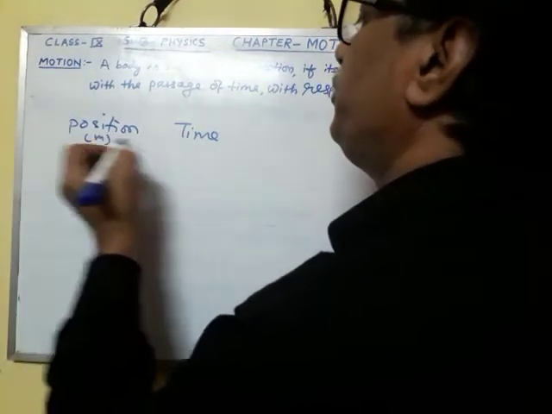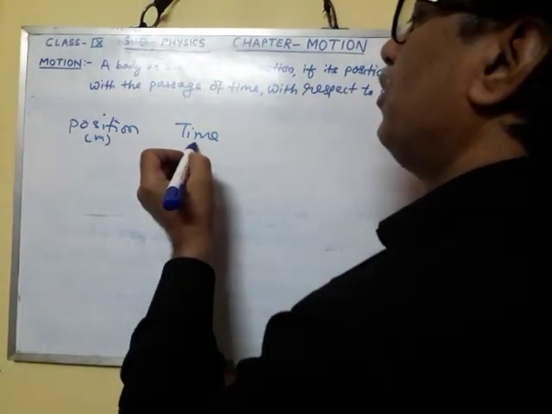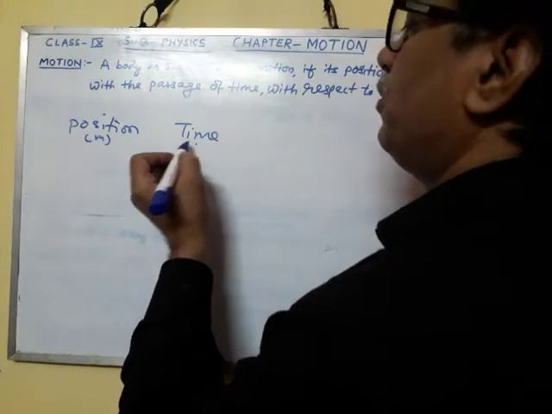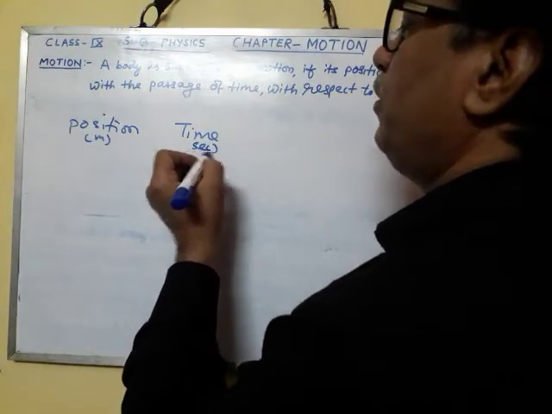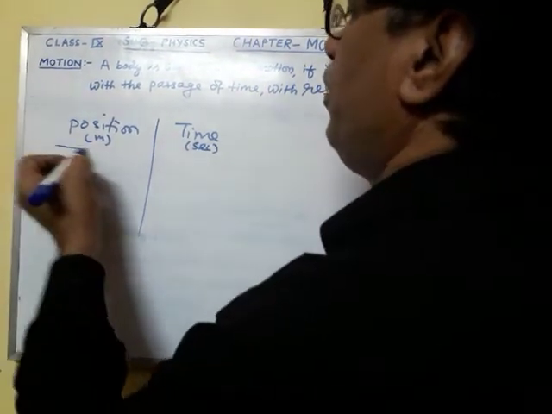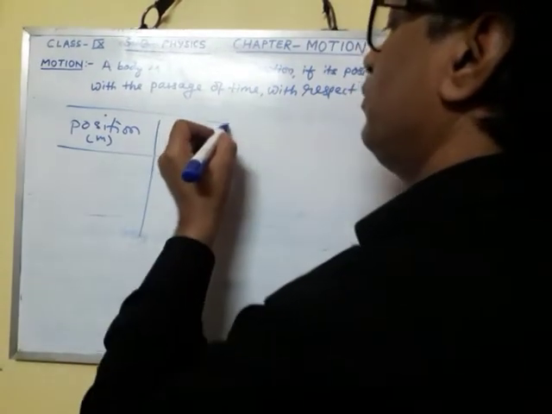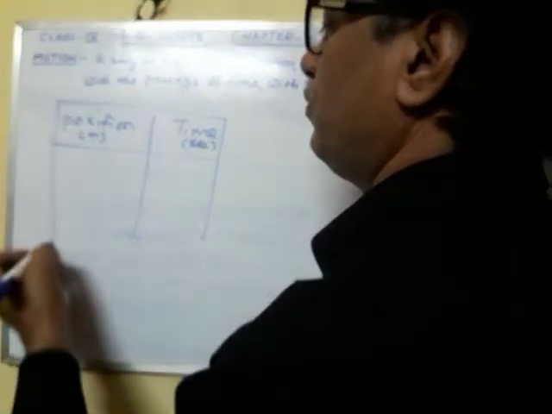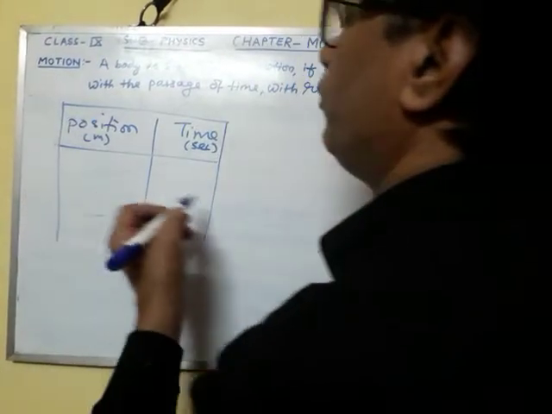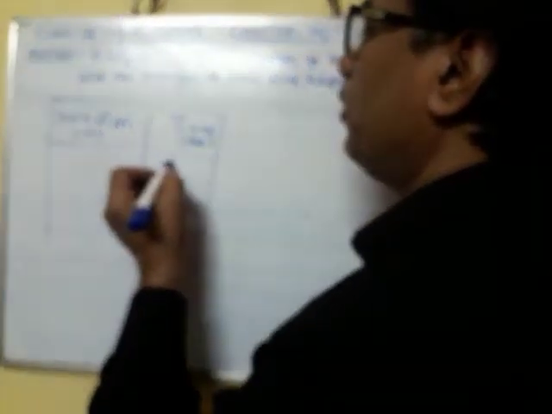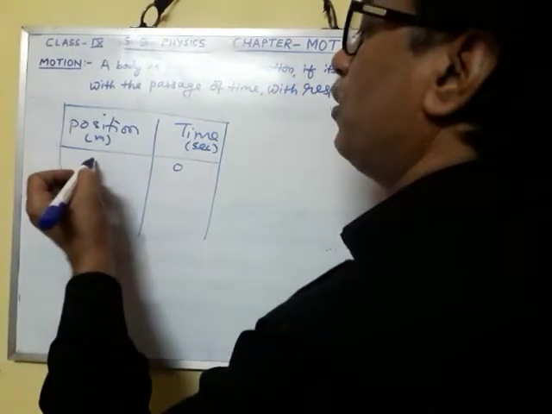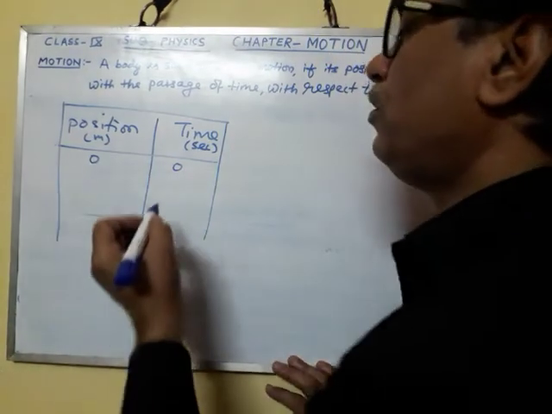Position is expressed in meters, time in seconds. Suppose at the beginning the position of the car is 0 meters.